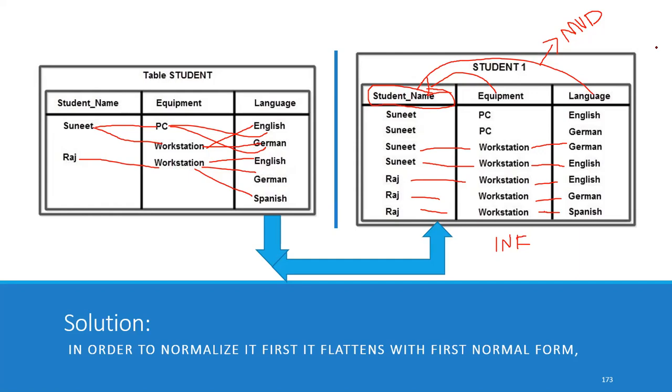Then try to find a transitive dependency, because if there is more than one functional dependency, there is a chance for transitive dependency. Here there is only one functional dependency with many values, so there is no transitive dependency; that also is removed. So this table is in first normal form, second normal form, and third normal form also.